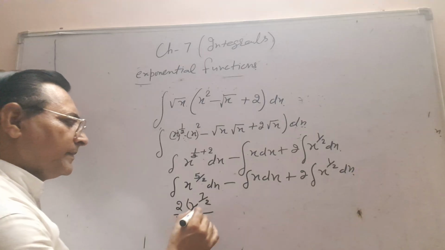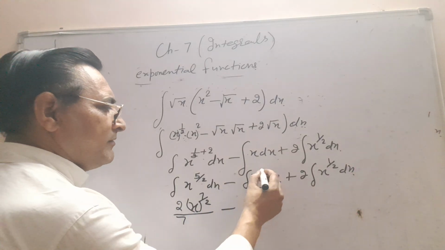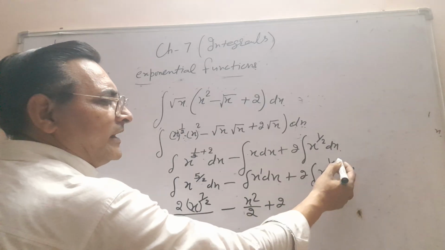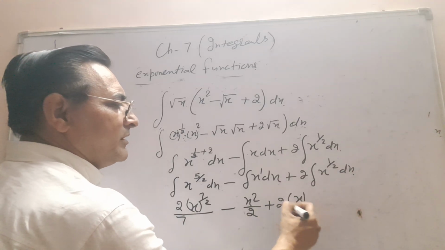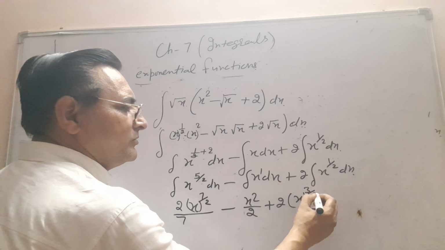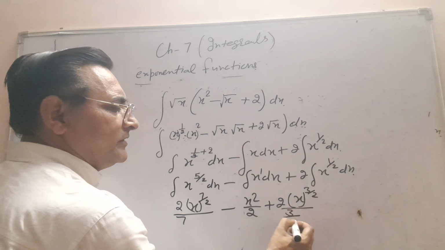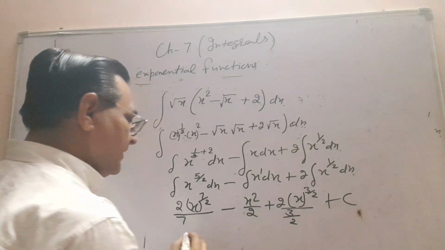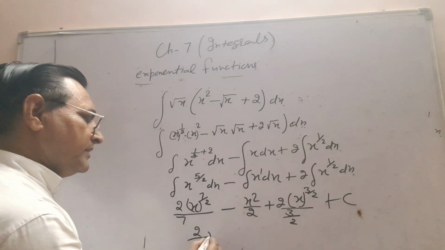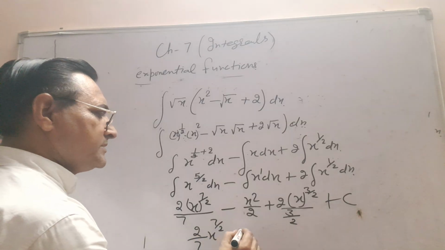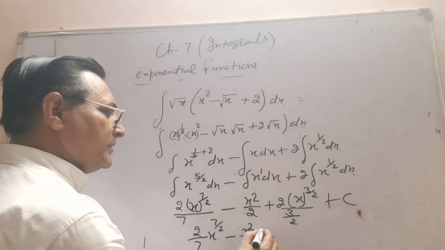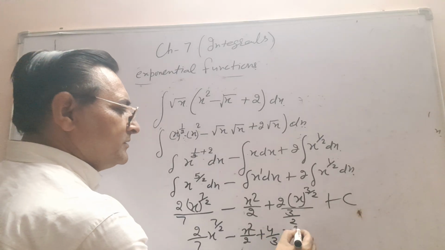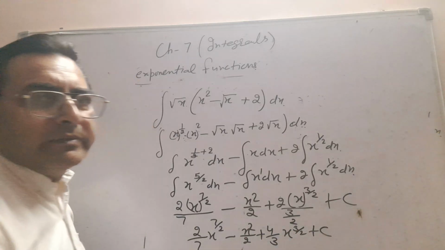Same here, its power is 1, its integration will be x square by 2. Plus 2 times x power 1 by 2 plus 1, which will be 3 by 2, and if 3 by 2 is in the denominator, we write it as 2 by 3, plus c. So it will be 2 by 7 x power 7 by 2 minus x square by 2 plus this 2 goes up, 4 by 3 into x power 3 by 2 plus c. So this will be the integration.